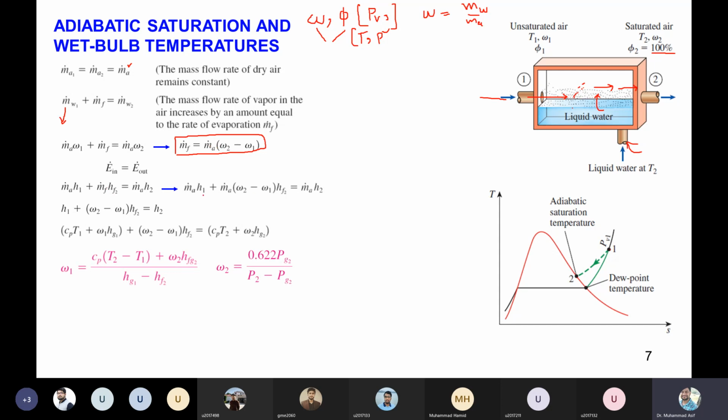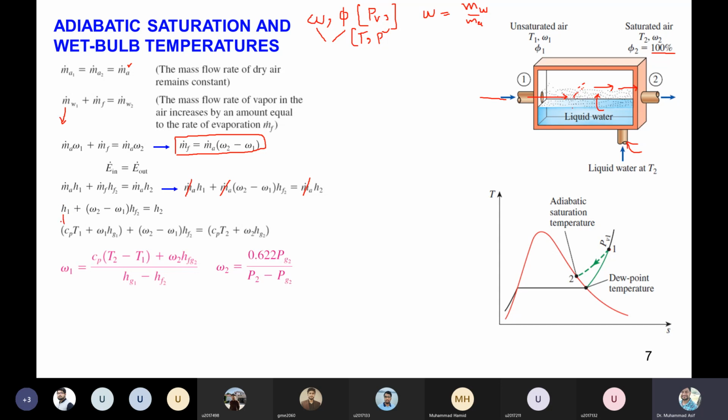If we put that value and simplify, we can cancel out MA because MA is constant, and then we'll have H1 plus omega 2 minus omega 1 times HF2 is equal to H2, right?